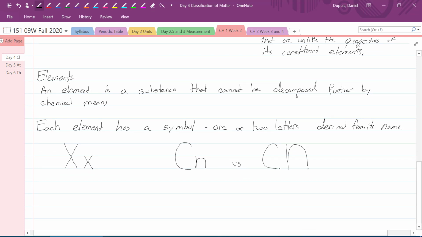I've seen this written down versus CN. Alright? Or Co versus CO. Right? If you look at this, make sure we use our capital letters for capital and lowercase for lowercase, right? Like this first one, this is cobalt metal.